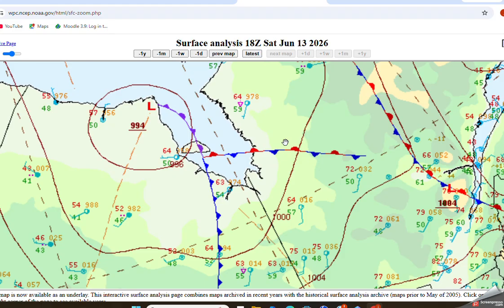What about wind? Wind is the air in motion. So we want to know what the wind is. You'll see here there's a little arrow kind of thing with a half of a barb on it. Here's a full barb, and you can see the difference. Well, notice this wind direction.